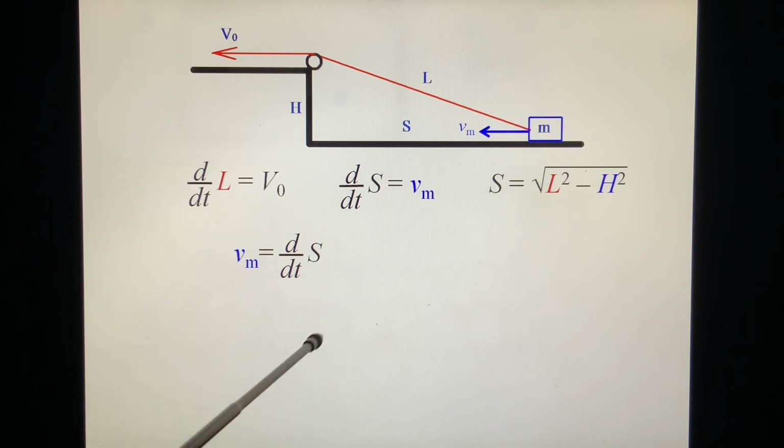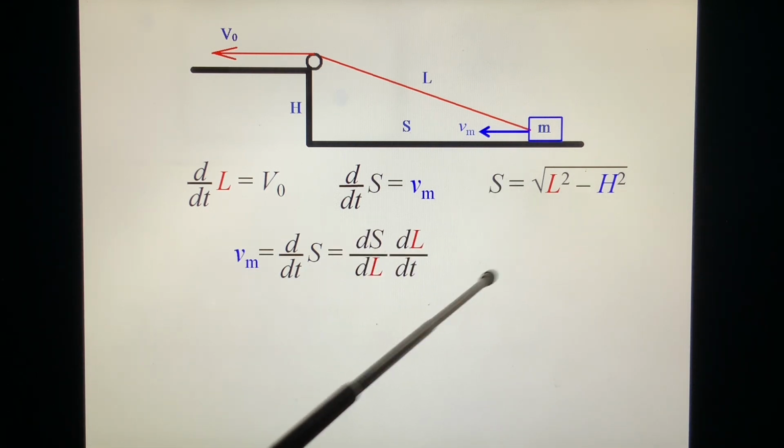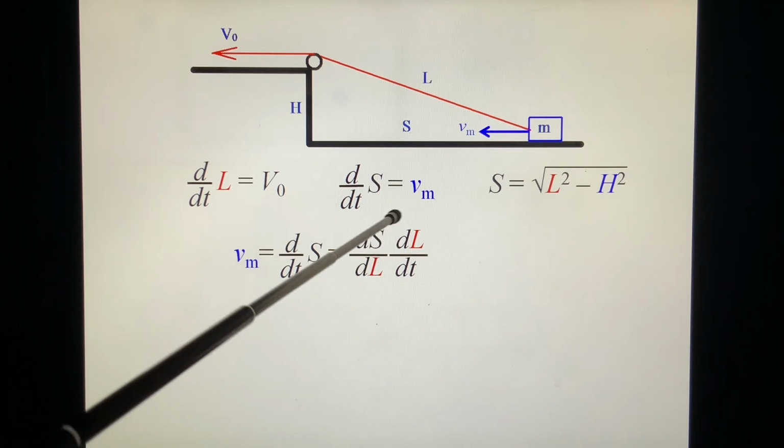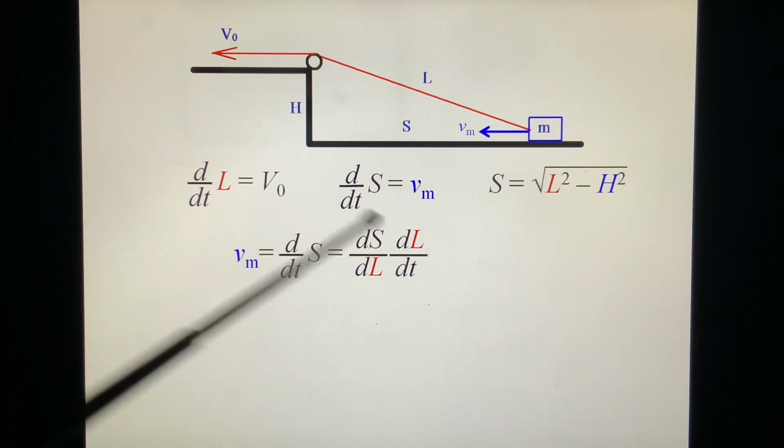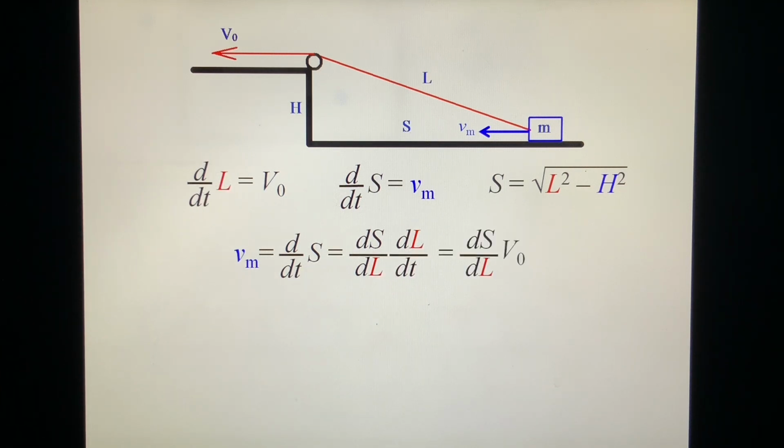According to calculus, ds/dt equals ds/dr times dr/dt. Remember that? We can cancel out this one because it gives ds/dt. And dr/dt is V0.